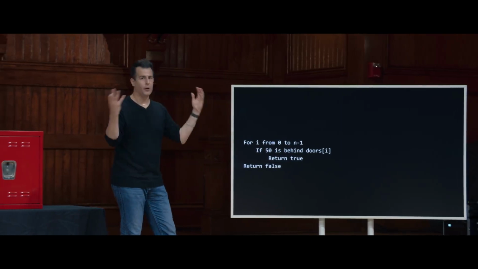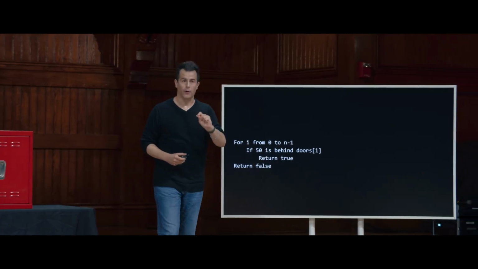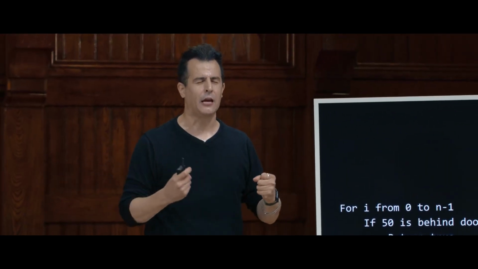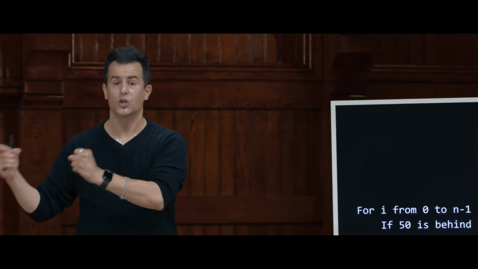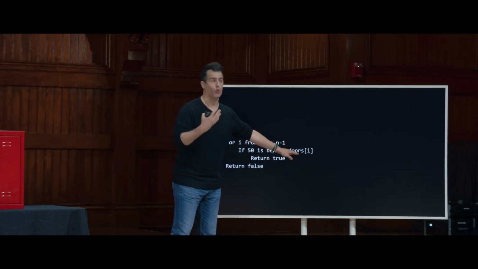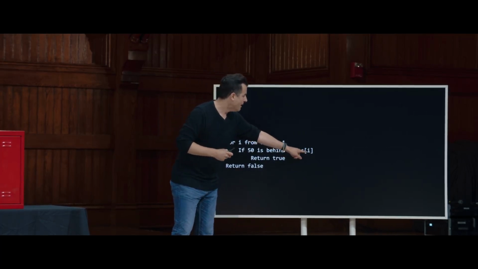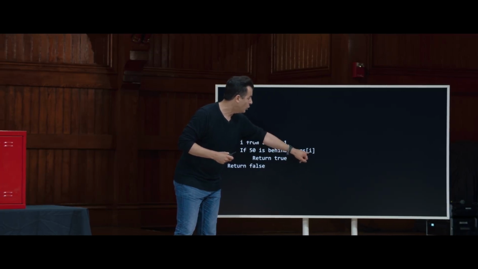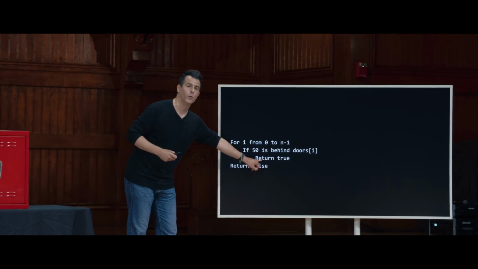For i, like a variable i, from the value 0 to n minus 1. So in the case of 7 doors, this is like saying for i starting at 0, going up to 6, do the following. If the number 50 is behind the doors array, so I'm using array syntax, even though this is technically still pseudocode, if the ith location of my doors array has the number 50, return true.